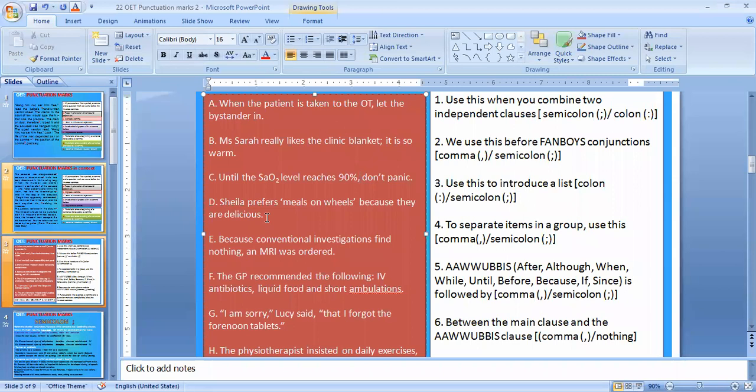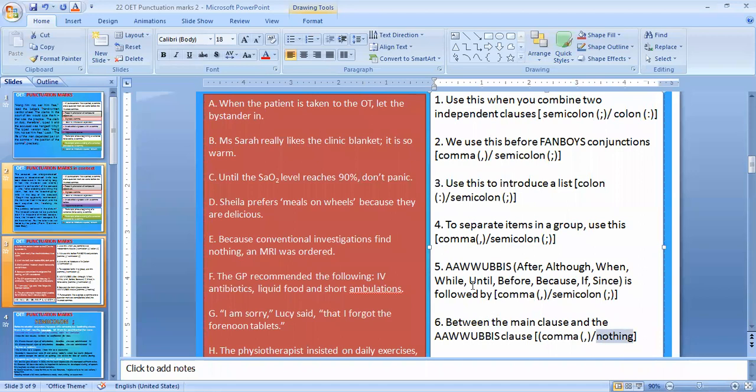What does that mean? Six. Number 6. Very good. Between the main clause and the adverbial clause, nothing is the answer.